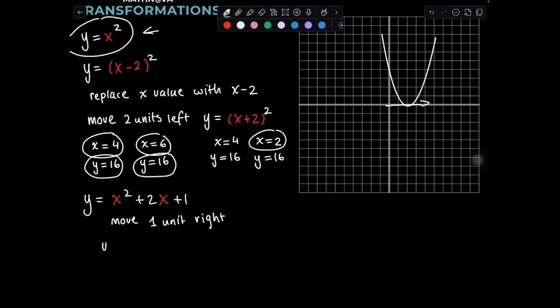So that becomes... and it's really important that you replace every single x value with x minus 1. You can't just do it to this one or this one only and then expect it to work. It needs to be to every single one.